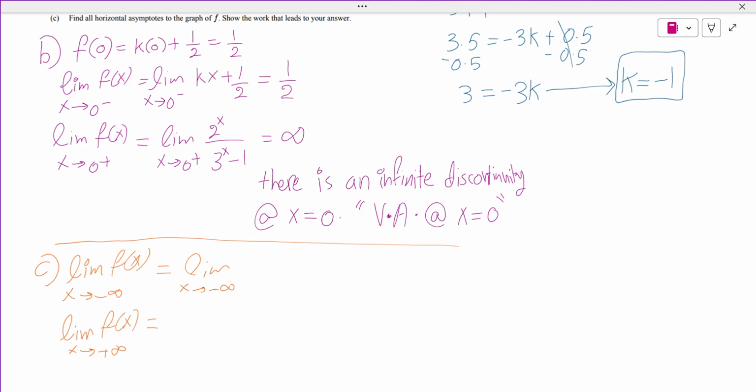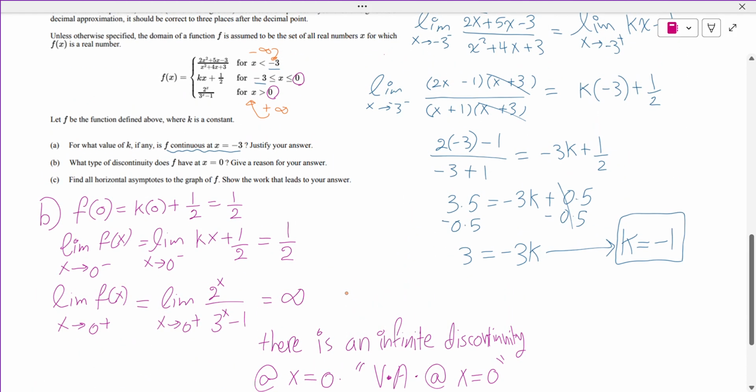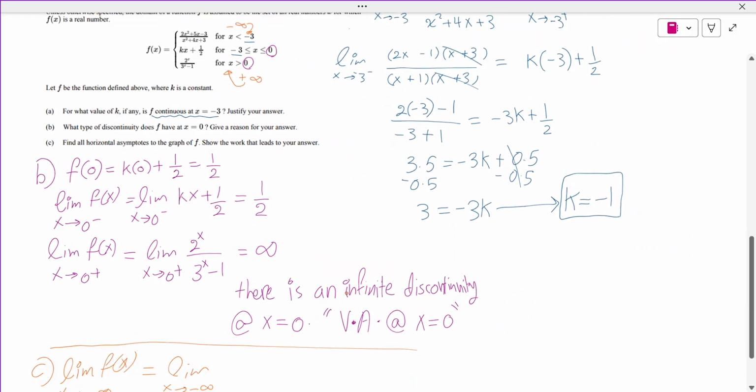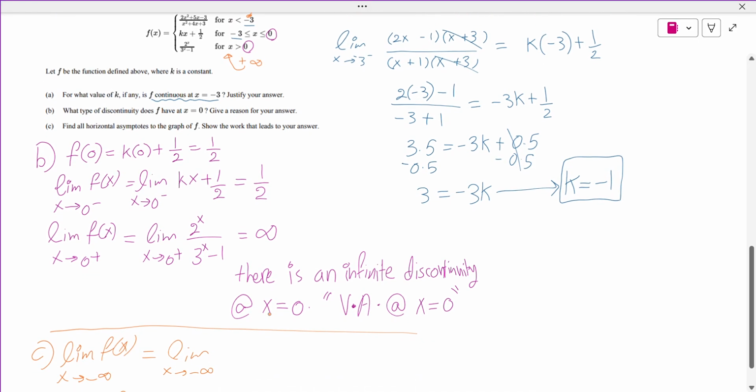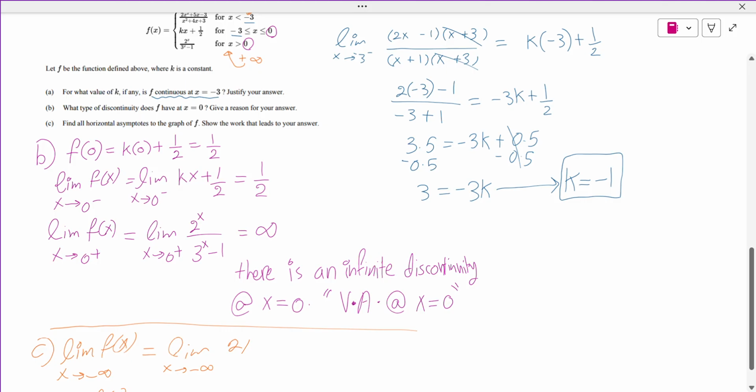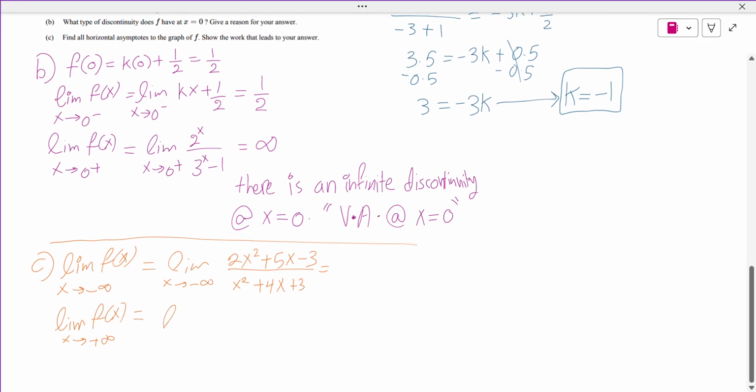The first piece is, let me just copy it down, 2x squared plus 5x minus 3 all over x squared plus 4x plus 3, and the last piece is the limit as x approaches positive infinity of 2 to the power of x over 3 to the power of x minus 1.